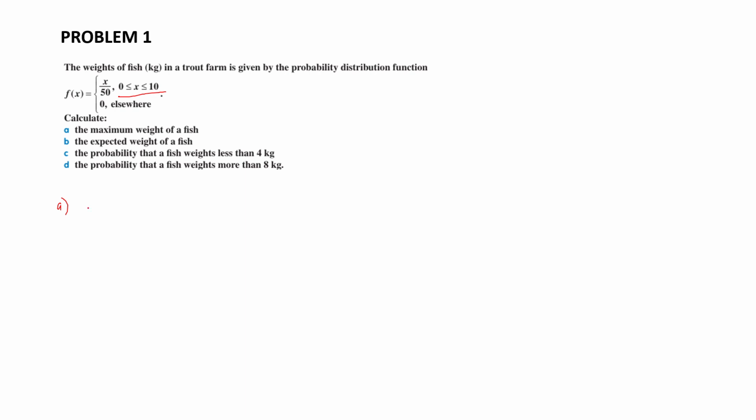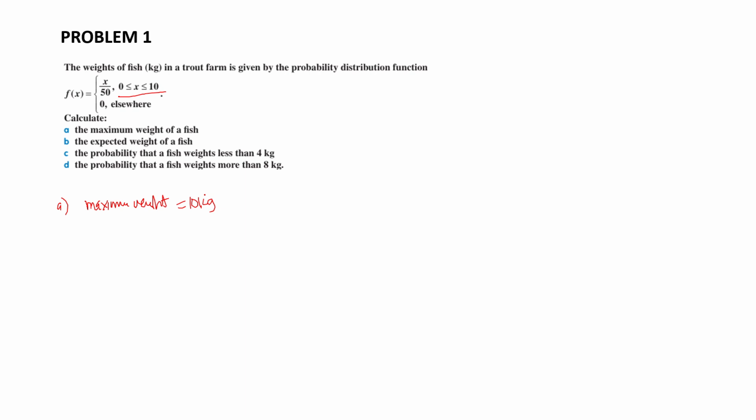Therefore, the maximum weight in this case is equal to 10 kilograms. So the maximum weight is given by the domain of the function. What is the domain of the function f(x)? The maximum weight is x = 10 kilograms.